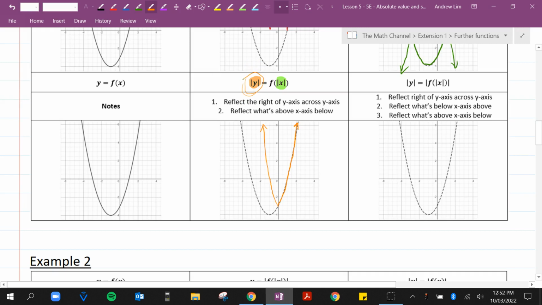We can't have a negative distance. So all of this down here below the x-axis, they disappear. So I'm just going to remove that, and that's just going to go like that, because all of this below is going to disappear, and now we can reflect across the x-axis.